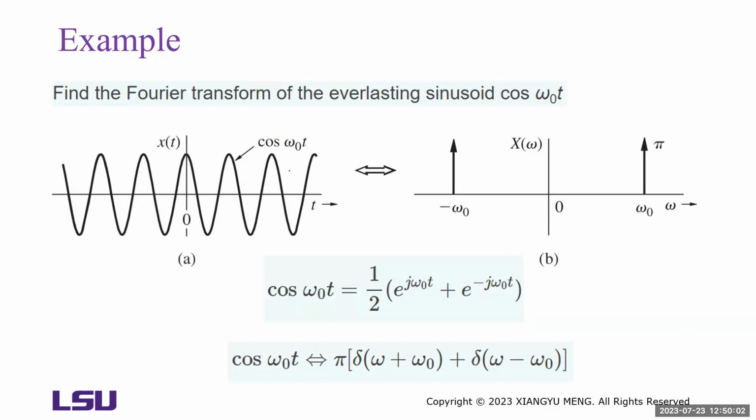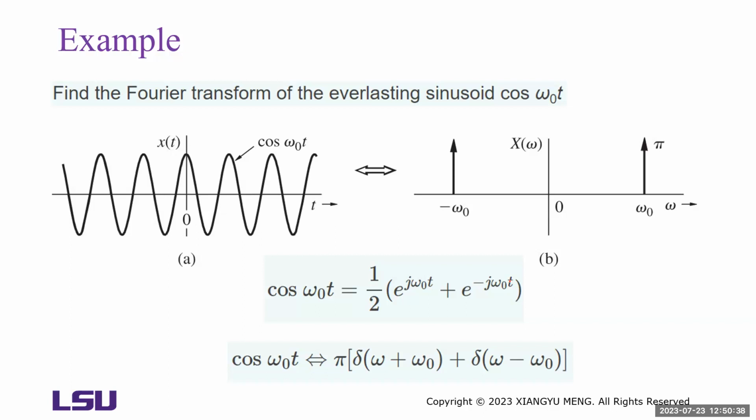The spectrum of the Fourier transform of cosine omega 0 t consists of two impulses at omega 0 and negative omega 0, as shown in figure B. This result also follows from qualitative reasoning: the everlasting sinusoid cosine omega 0 t can be synthesized by two everlasting components, exponential j omega 0 t and exponential negative j omega 0 t.